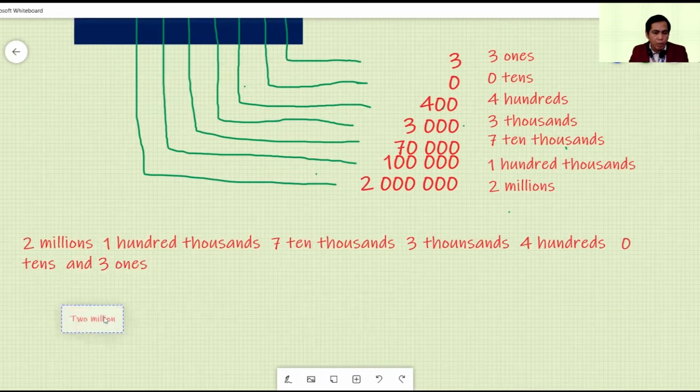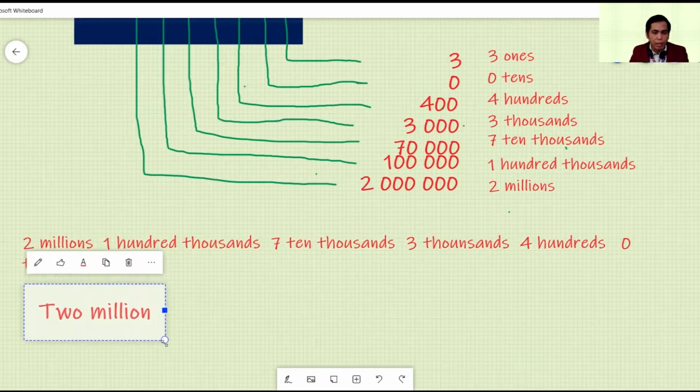Since we have only one digit found in the millions period, we have 2 million. So in reading or in writing the numeral, we have to identify the value in each period, then followed by the period without the S. So instead of saying 2 millions, we will read it as 2 million.